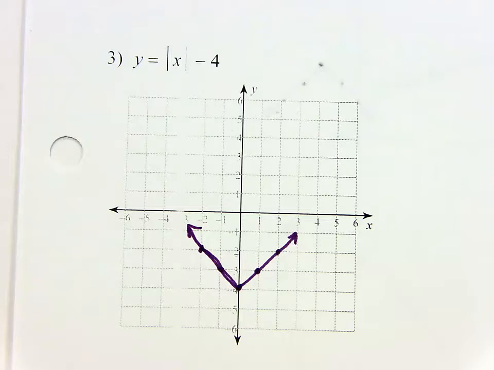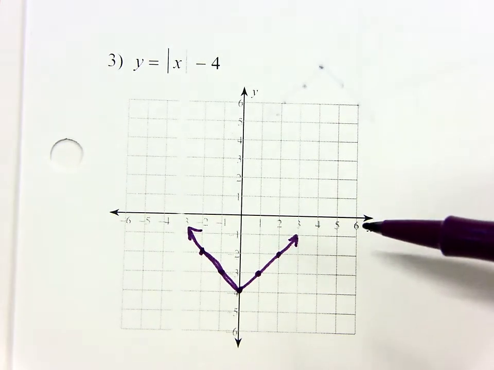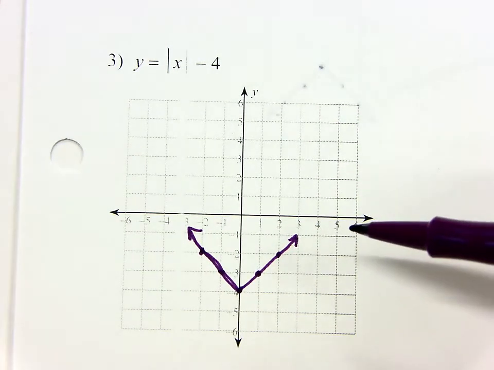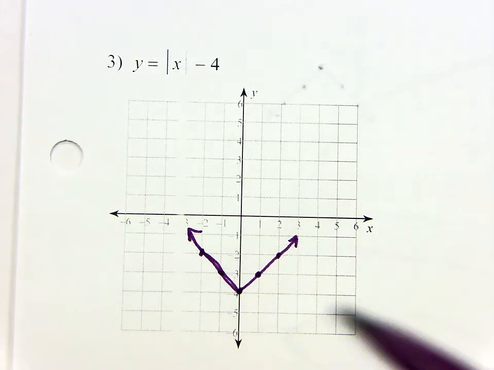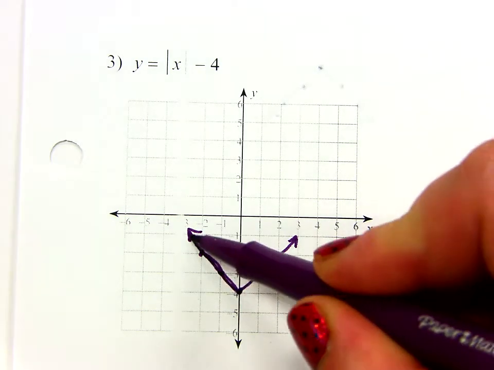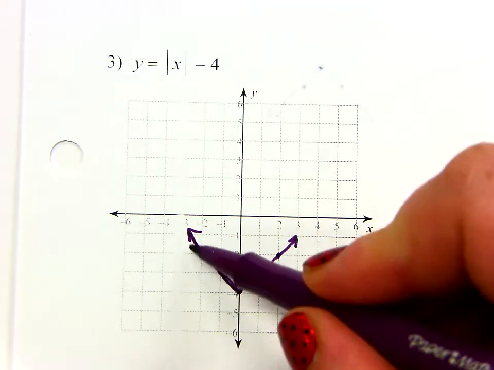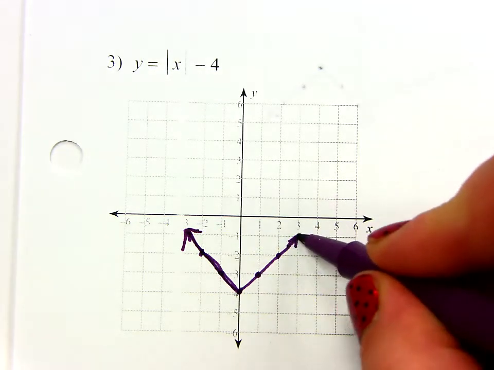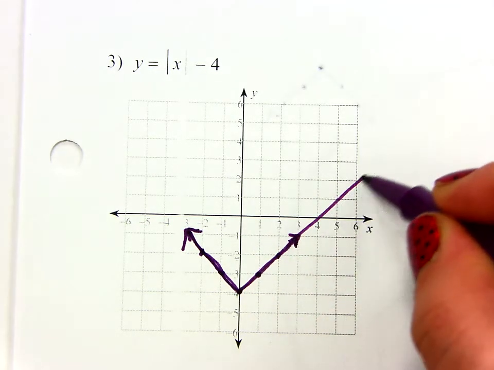So we're going to figure out the domain and range of some of these absolute value graphs. So here's number 3, for example, from this worksheet. Do you remember what domain represents? X's. All the x's. Notice how each of these branches ends with an arrow, which means that they keep on going forever and ever.